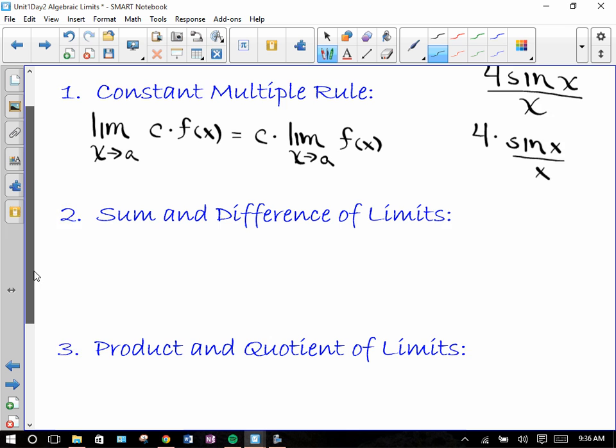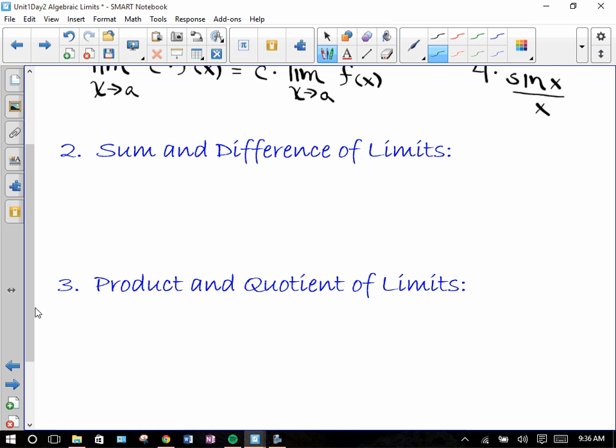So the next one, sum and difference of limits. Sum and difference is typically what operations? Yes, adding and subtracting. So what this allows us to do is, let's say you have the limit as x approaches a of f of x plus or minus g of x.